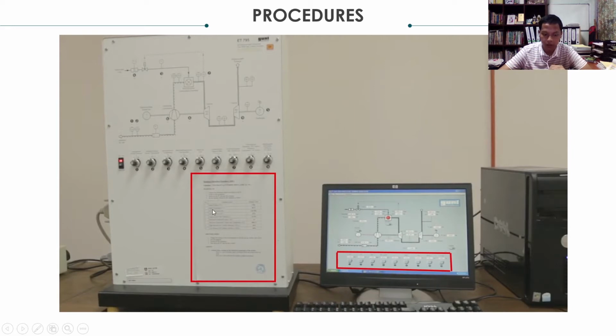If there is any mistake, more or less, we need to go back to the initial value by controlling the counter. Rotate clockwise to increase and counterclockwise to decrease.